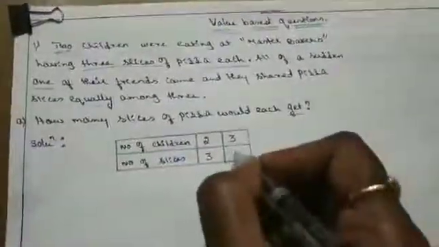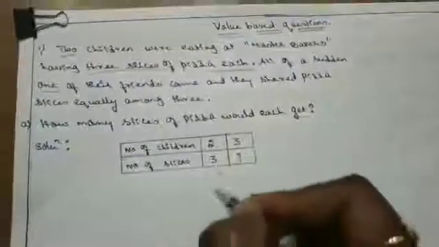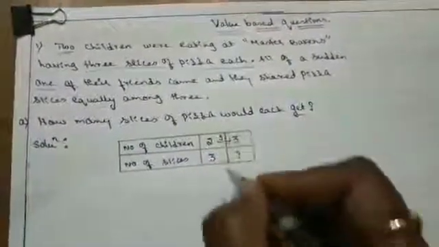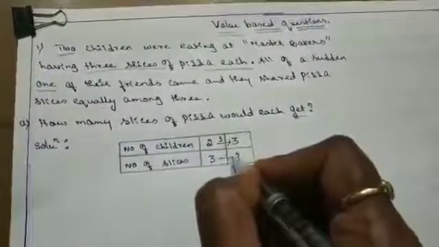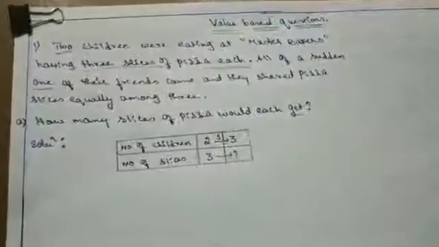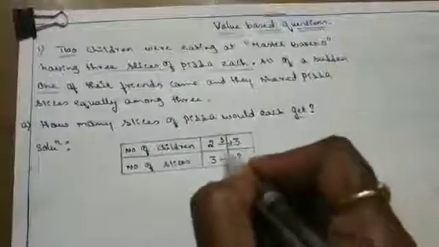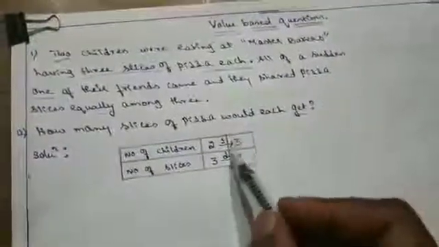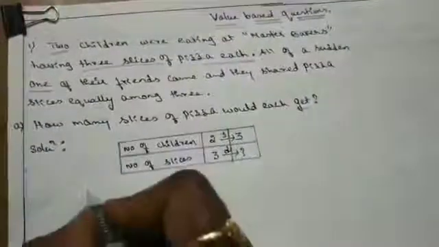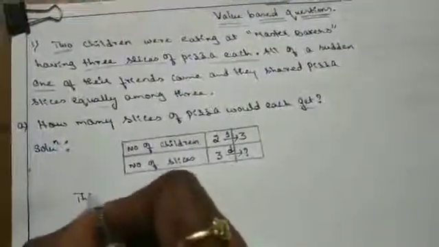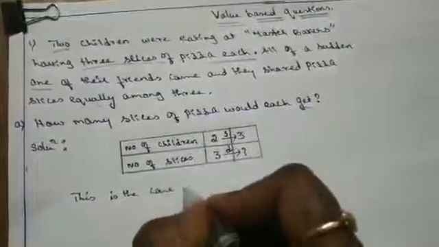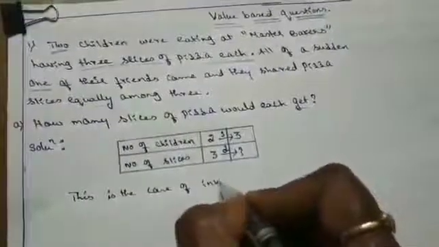And how many slices of pizza will each get? Here to here you can see the number of children are increased. Do you expect that there is an increase in number of slices of pizza? No, it will be decreasing. So one increasing, one decreasing is nothing but inverse variation. This is the case of inverse variation.